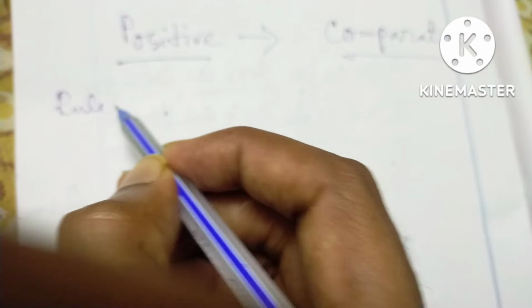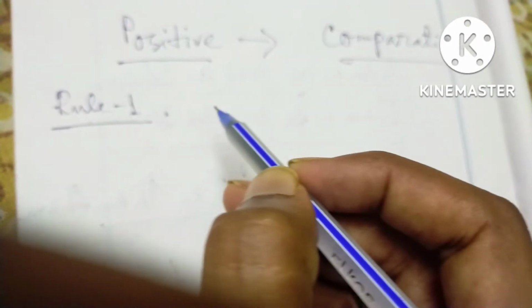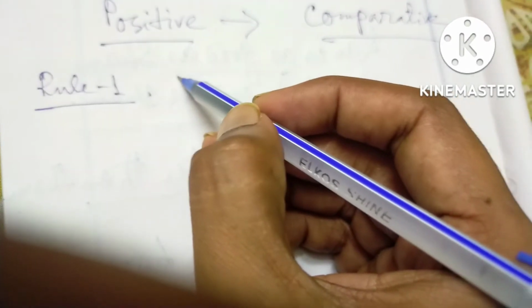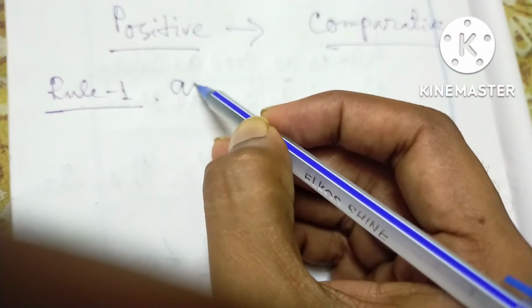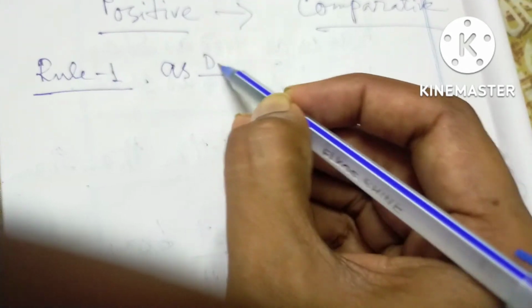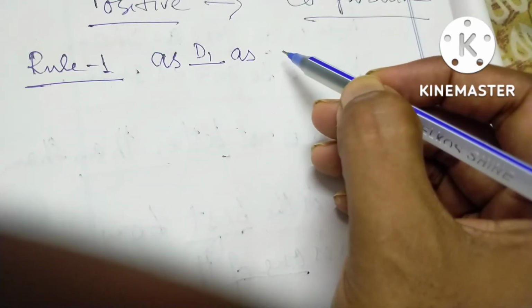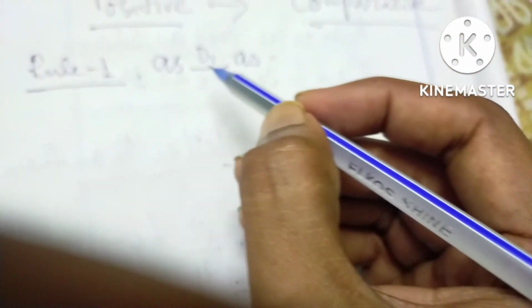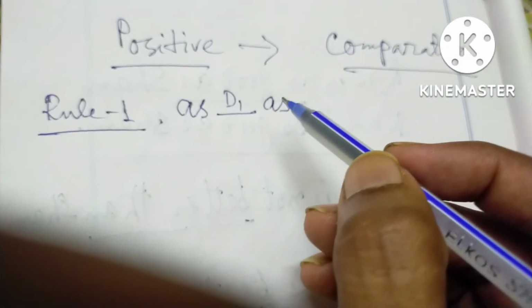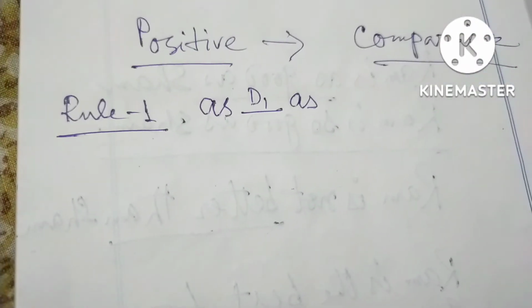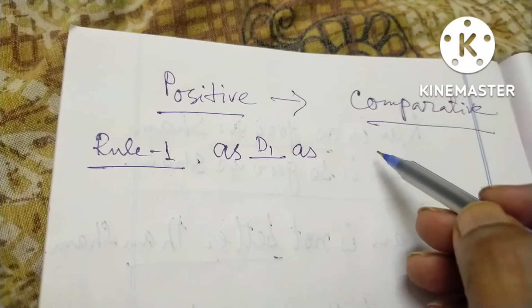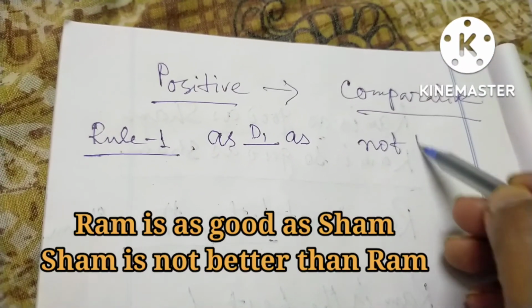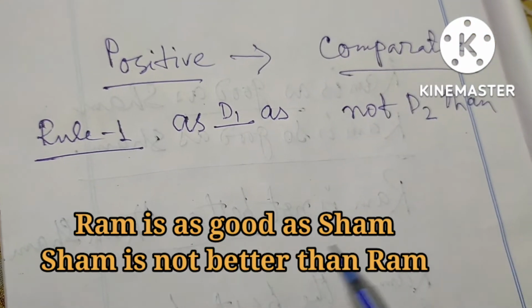Rule number 1. As, degree 1, as, the structure we have learned just before. Now please see, the rule is using not, degree 2.